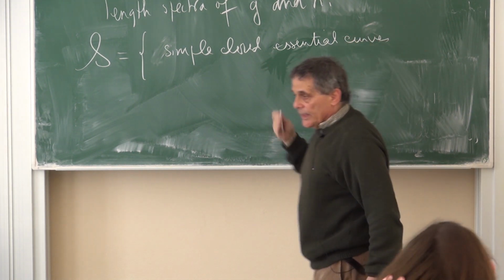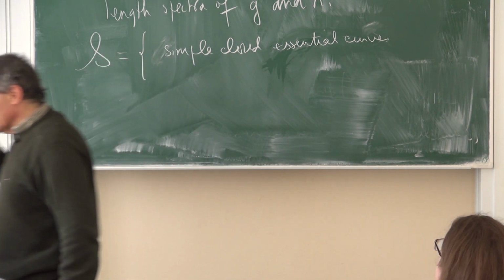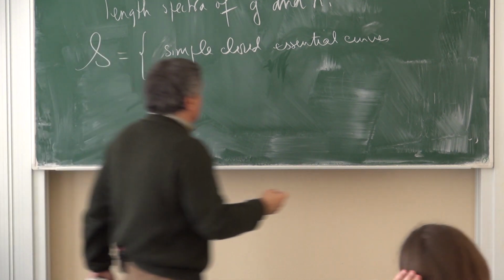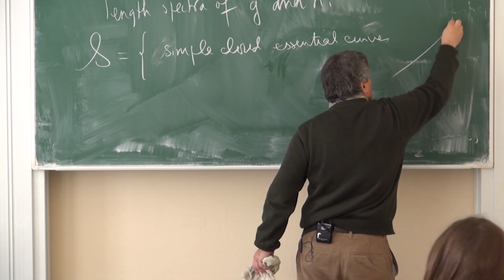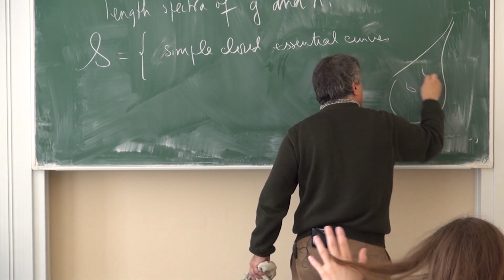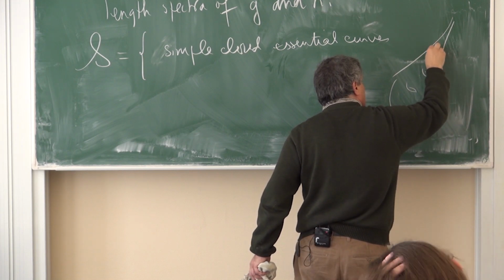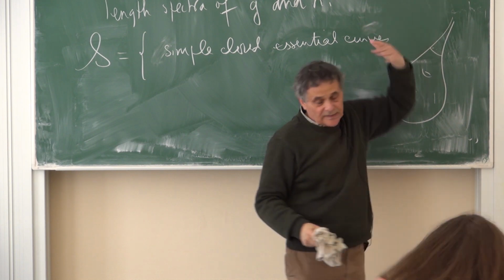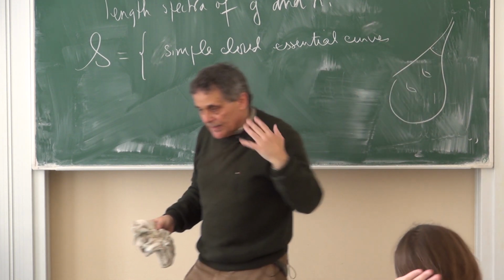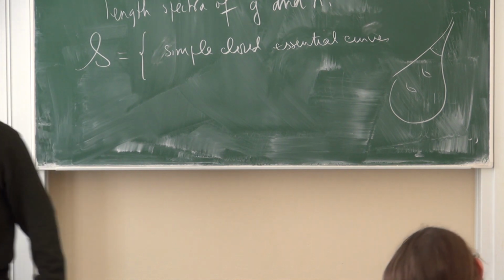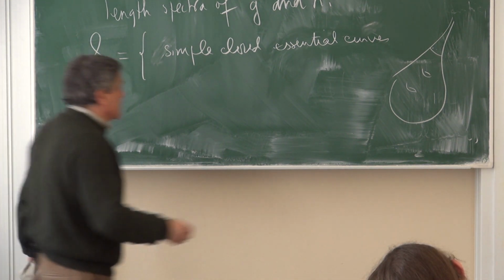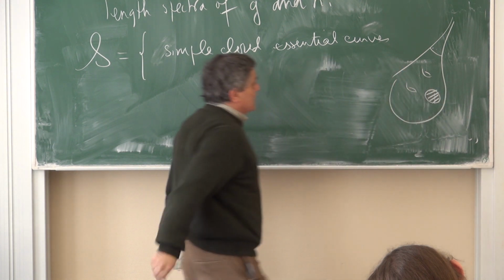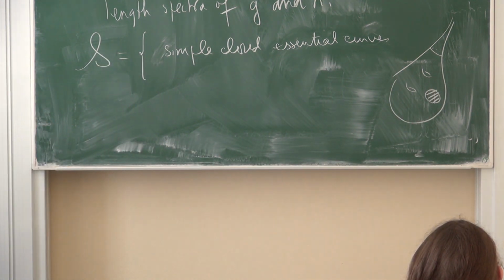Essential meaning that they have a geodesic in their homotopy class. For instance, this curve is not essential because it can be made smaller and smaller. Not only this, but there's no geodesic in its homotopy class. And this curve also is not essential because there's no geodesic in its homotopy class.